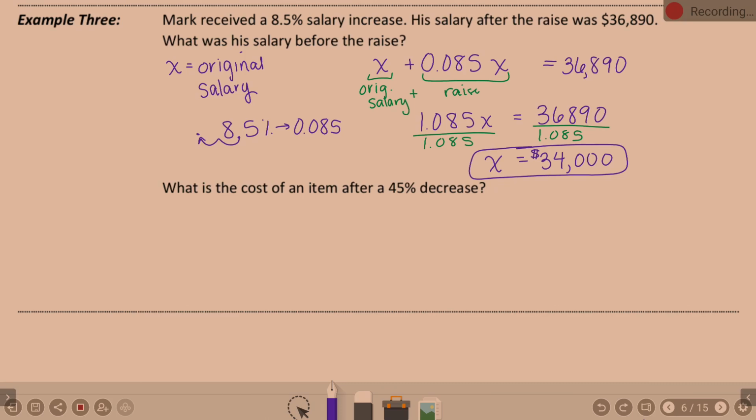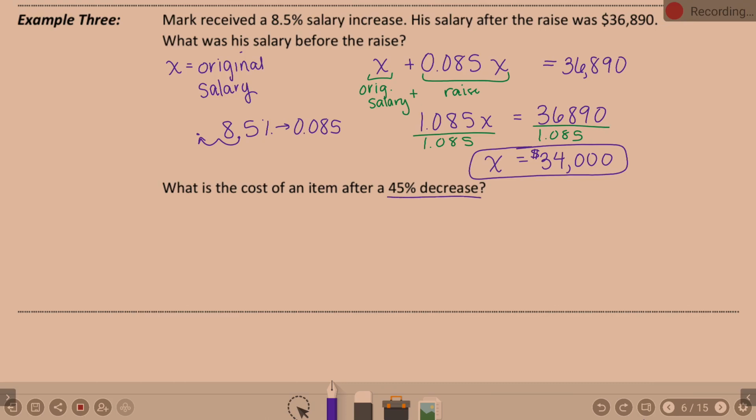Real quick, while our brains are in this mode, the second part. They don't give specifics, just: what is the general cost of an item after a 45% decrease? If X is the original cost, it's 0.55X. Why? Because they lost 45%, so all you have left is 55% of the original cost.